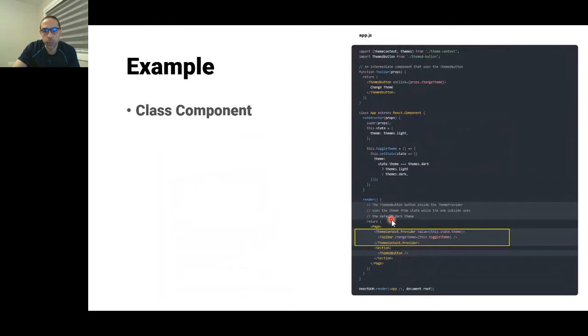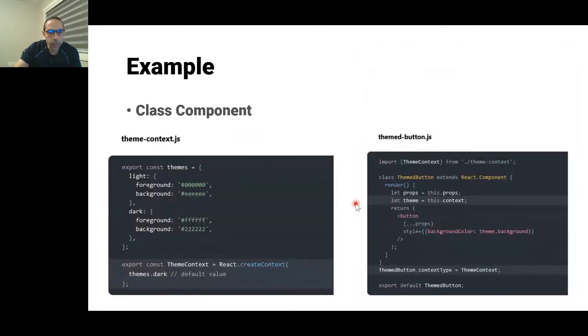Very similar to the function with the syntax difference. Then the other difference is inside the button component. This time, as I explained in the context type building block, you can have that defined in your component, and then you are able to use the this keyword to access the context. And then very similarly, you can get access to all the parameters or the states within the context to style your button.